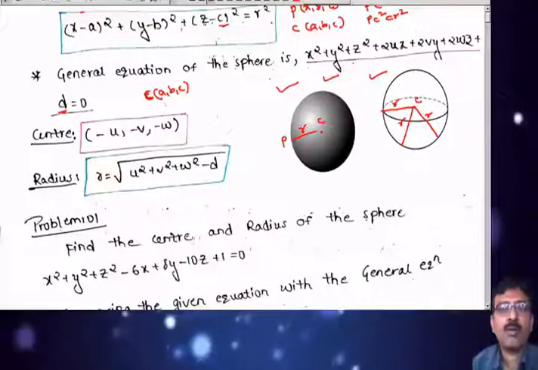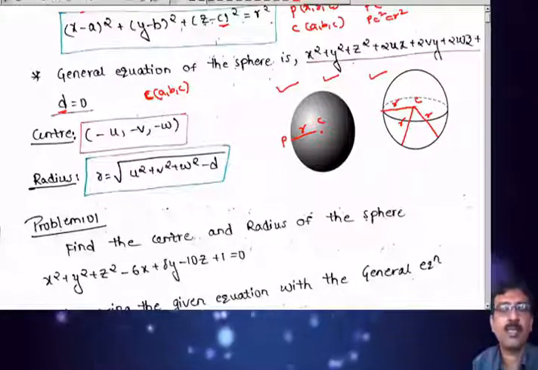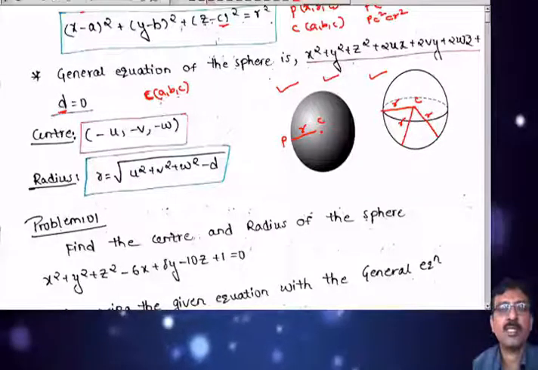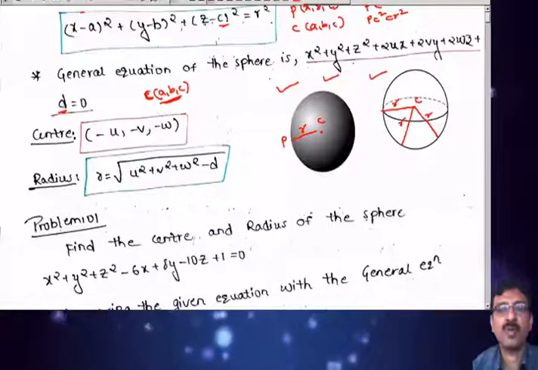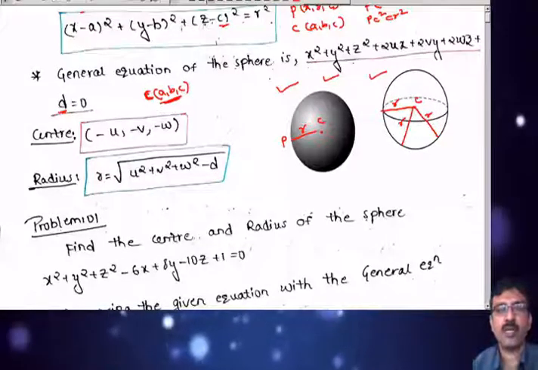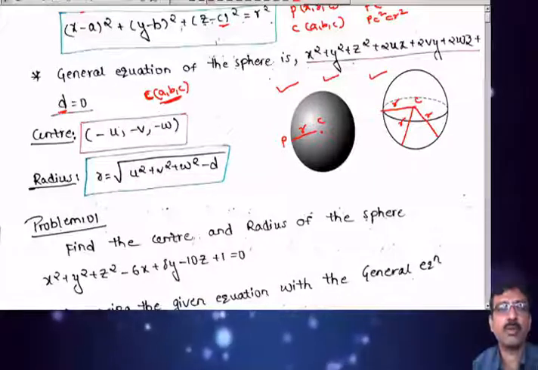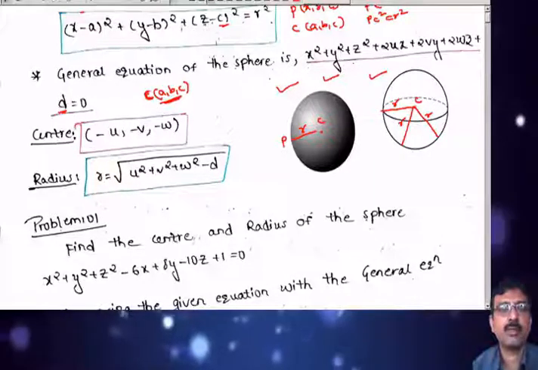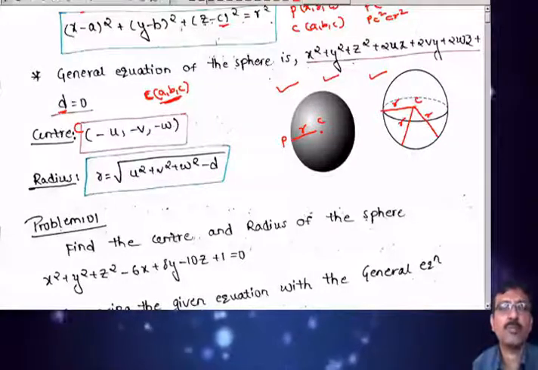Here a is replaced by minus u, b is replaced by minus v, c is replaced by minus w, so the center (a, b, c) changes into the center C, which I write as C(minus u, minus v, minus w).